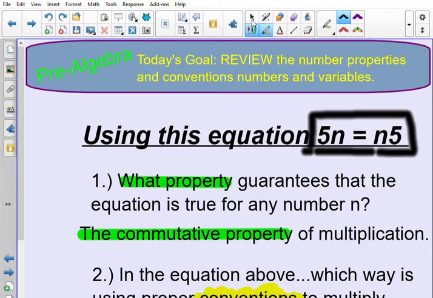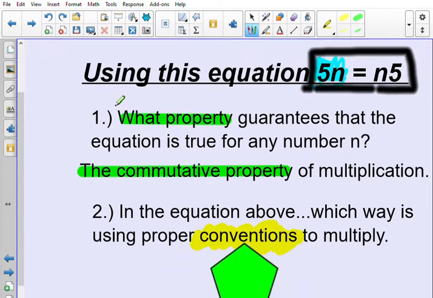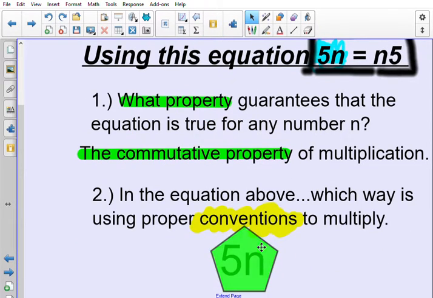Hopefully you can conclude that the appropriate way to write it is this one. Remember that we do not write it as n5, it should be 5n. So your answer there should be 5n. That is using appropriate conventions.